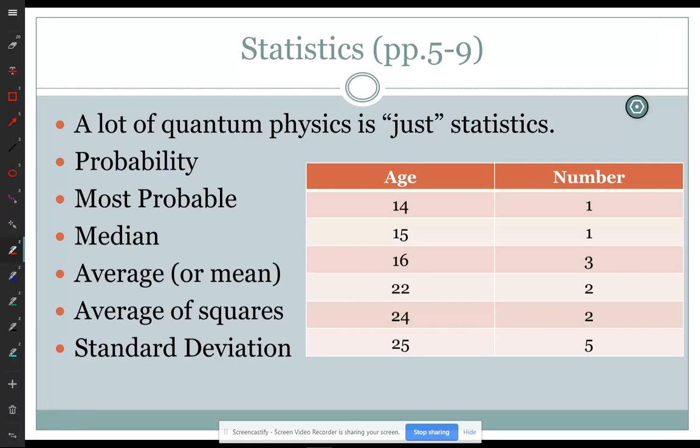This is just a distribution of people's ages. Based on this distribution, if you grab one person from this group, what is the probability that person is 14 years old?